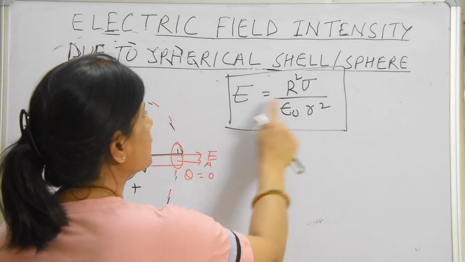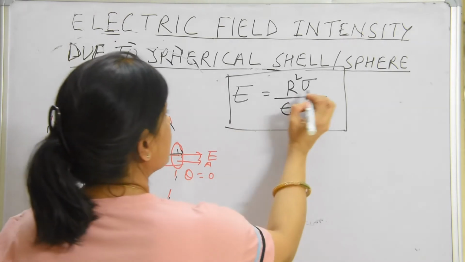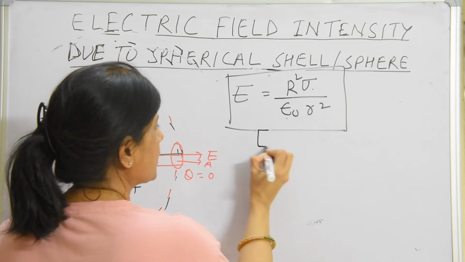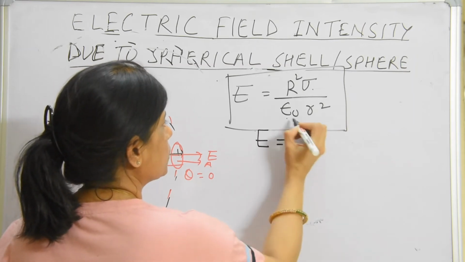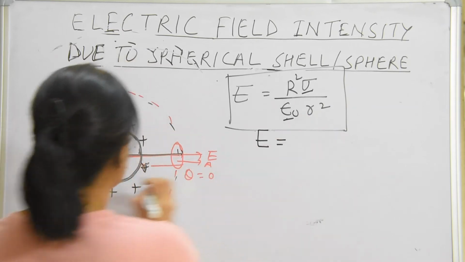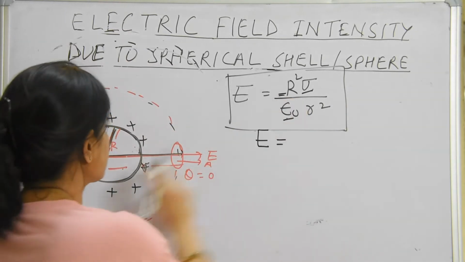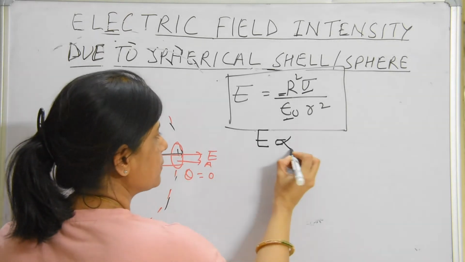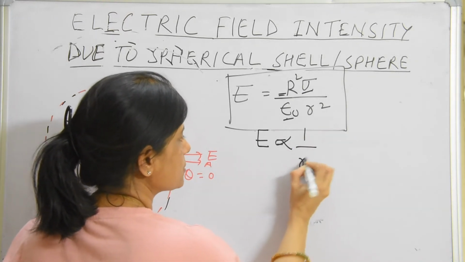So E is equal to epsilon naught is constant, sigma is constant, and small r is the radius of this sphere. So we can say E is inversely proportional to r square.